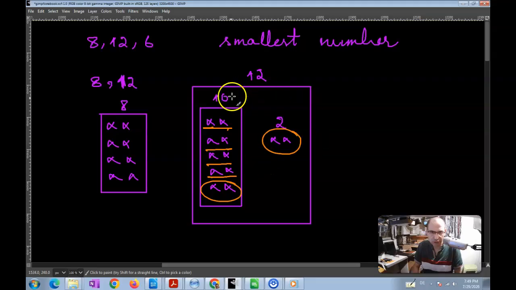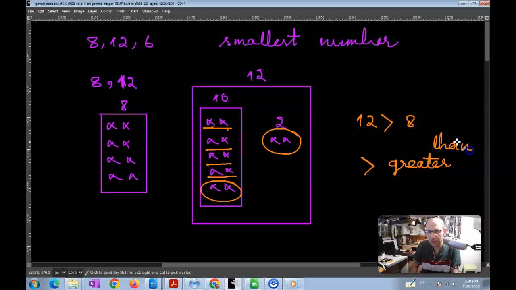Since this number has a larger number of beats, that means this number is greater than this number, right? So I can say that a 12 is greater than an 8, and of course you use the greater than and smaller than signs for comparing numbers. This is greater than, and this sign over here is smaller than.